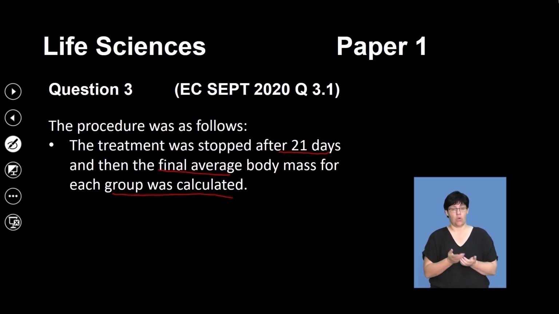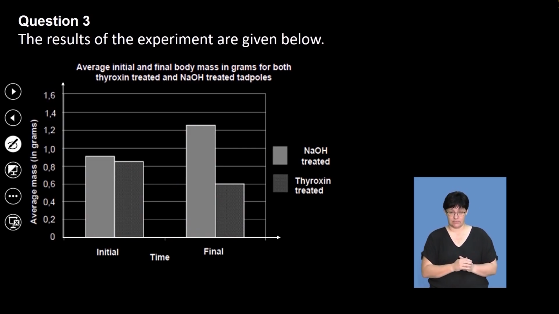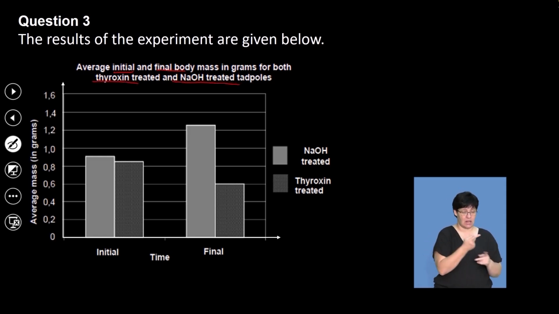So we've compared 2 groups, a group that had thyroxine and another group that had sodium hydroxide. Okay, so those results are then illustrated in the graph below. So we're seeing that the average initial and final body masses in grams for both the thyroxine treated and sodium hydroxide treated groups are indicated in the graph below.